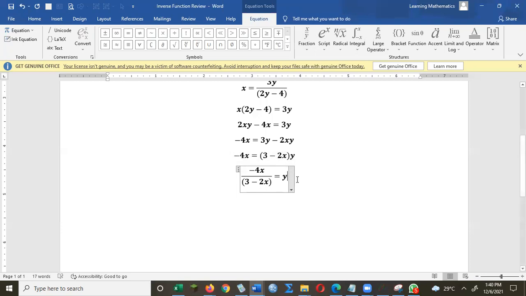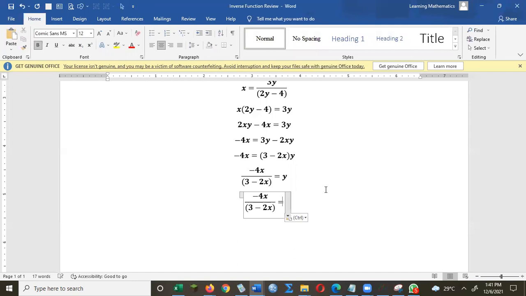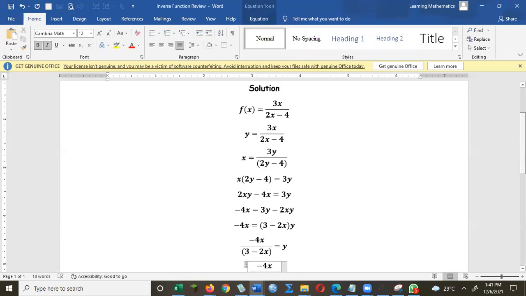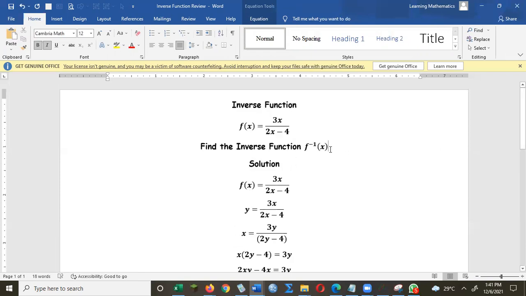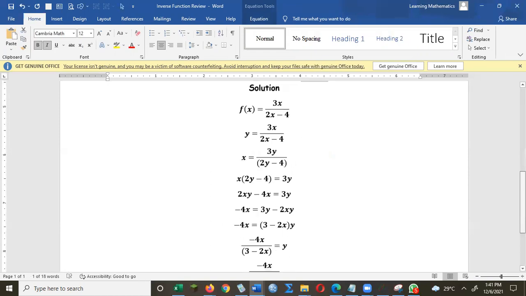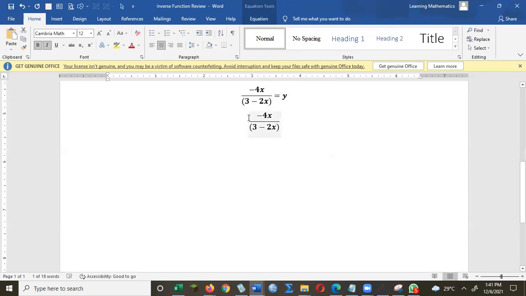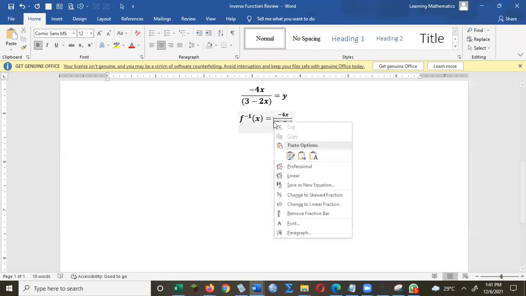Okay, so now the next step is to replace y with the notation f inverse of x, and here you have it. Let's go for the notation: f inverse of x is minus 4x over 3 minus 2x.